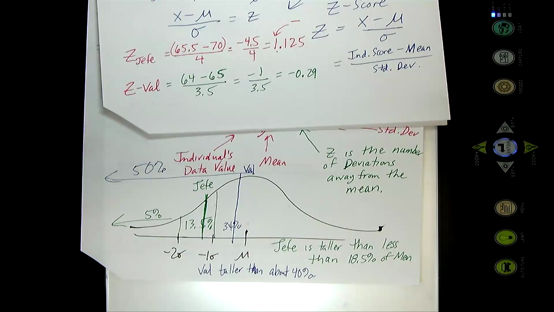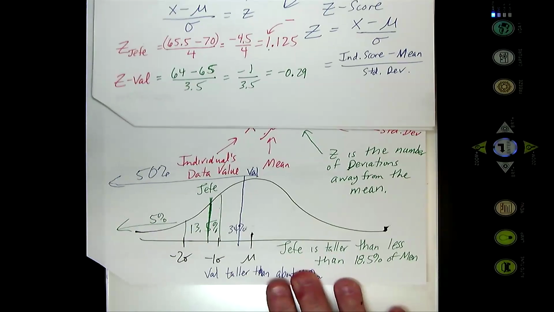That means most men by a far margin are taller than me. So yes, Val is taller relative to women than I am to men. It basically means there are more women shorter than her than there are men shorter than me. For an adult male, I should say, the average adult male.